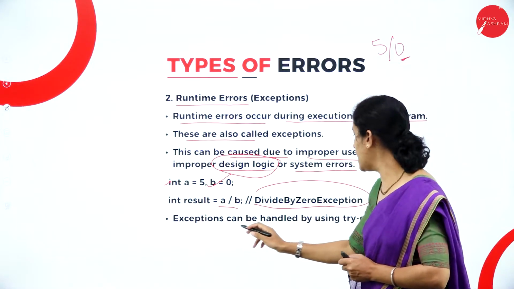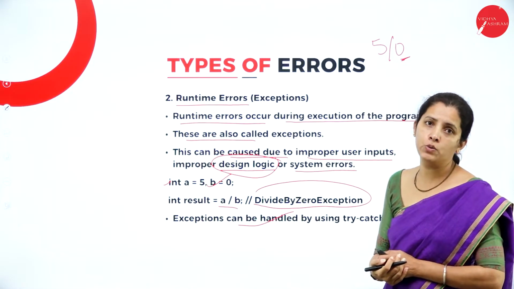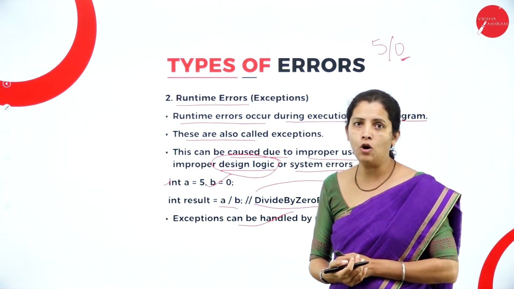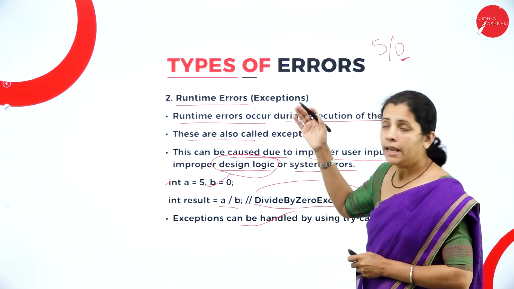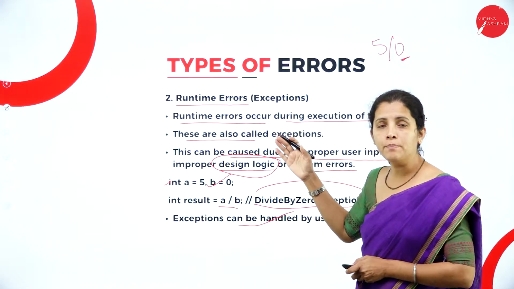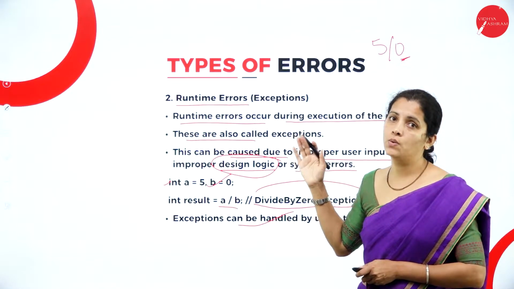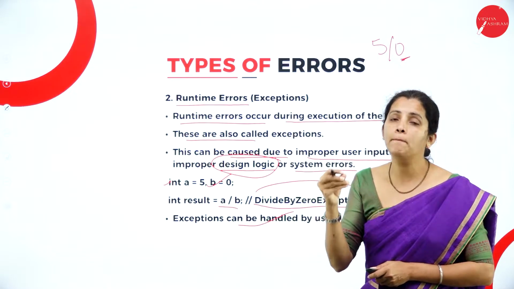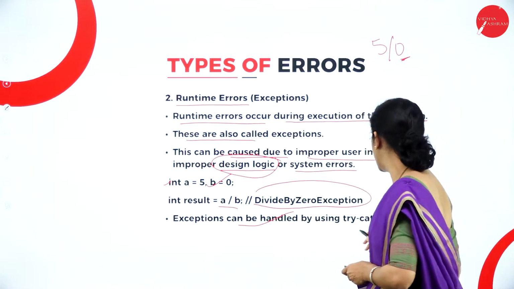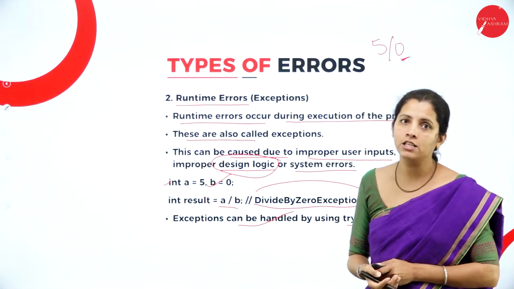And an exception can be handled by using try and catch block. That means in a C# program, to handle the exception, we have certain methods. The first one is the try and catch block.